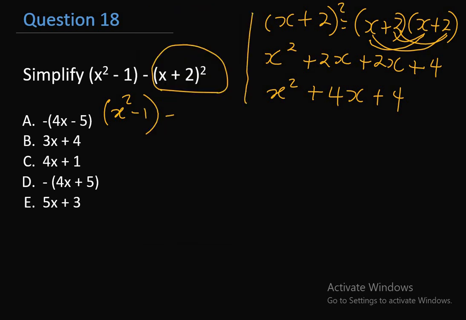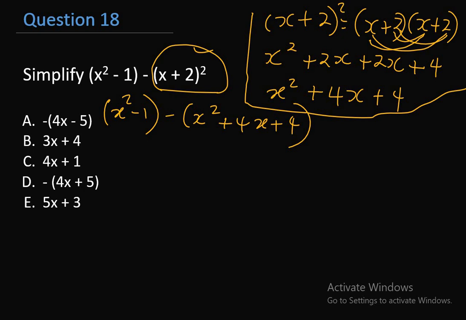So let me put this in a box. So what I have here, put it here. So that's x squared plus 4x plus 4. That's what I got from expanding this. So x squared minus 1 in the first bracket, minus times x squared will give me minus x squared, minus times plus 4x will give me minus 4x, minus times plus 4 will give me minus 4.